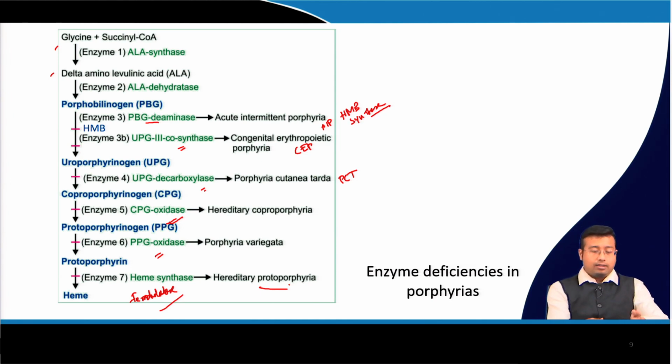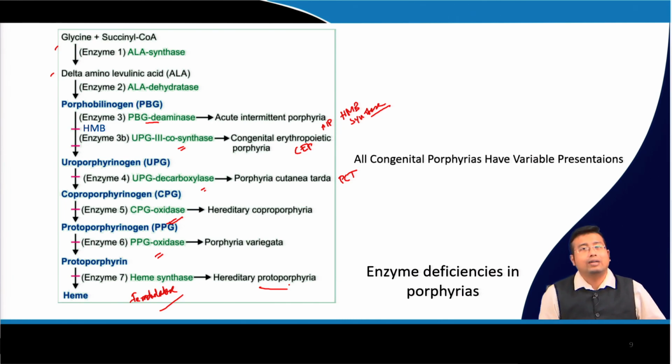So, again there are a lot of names that you need to remember. Well, you can remember them by memorizing this phrase: all congenital porphyria have variable presentations. So, how does it help you to remember?